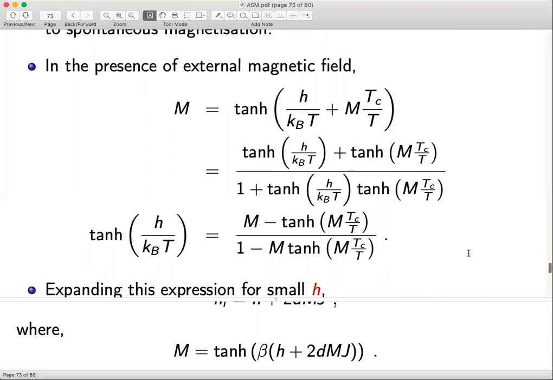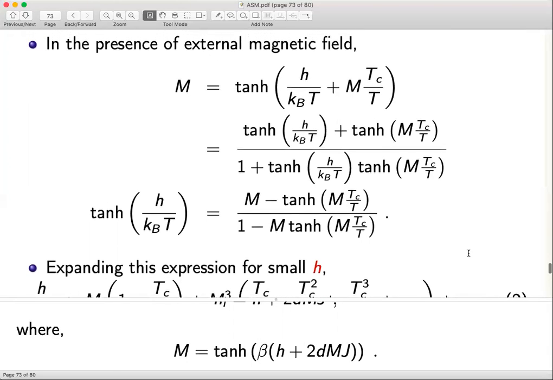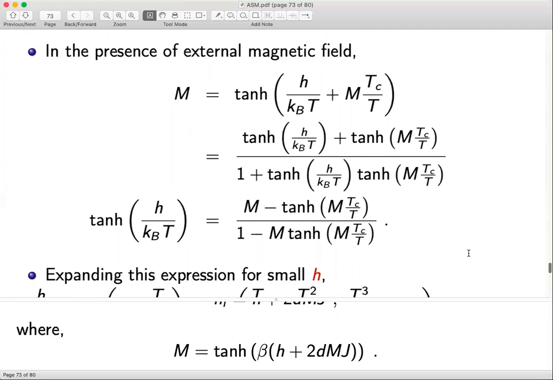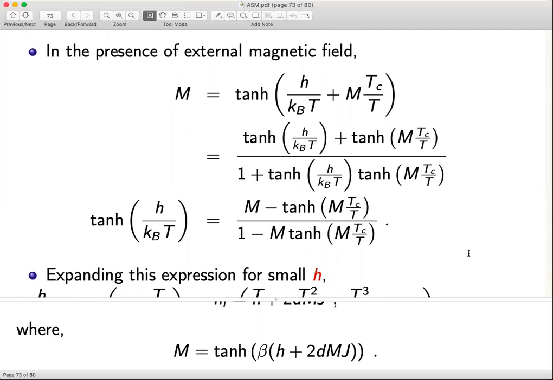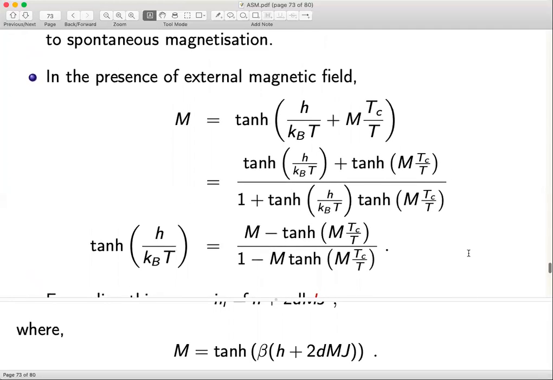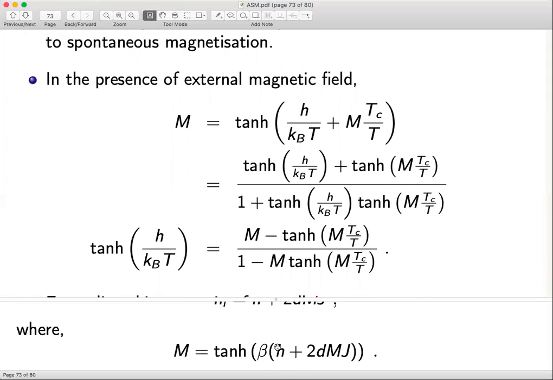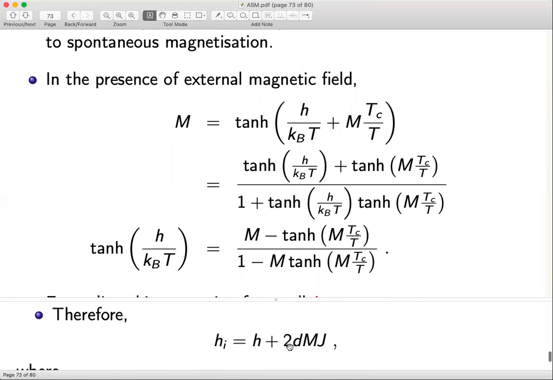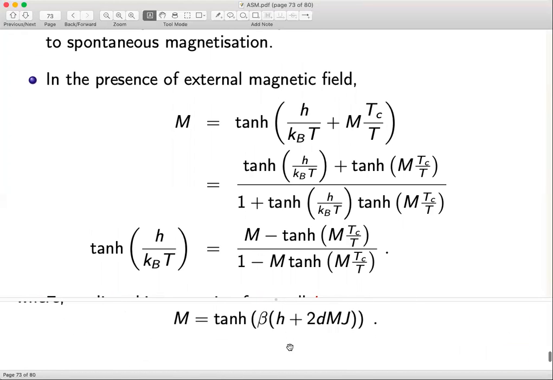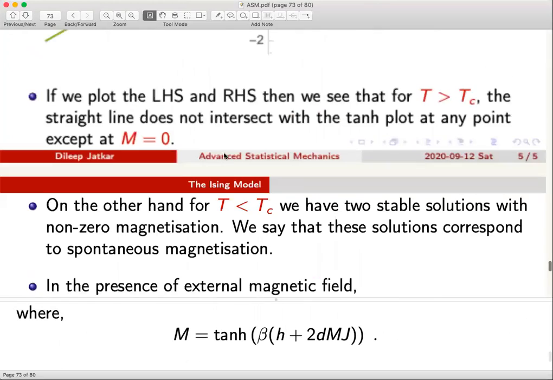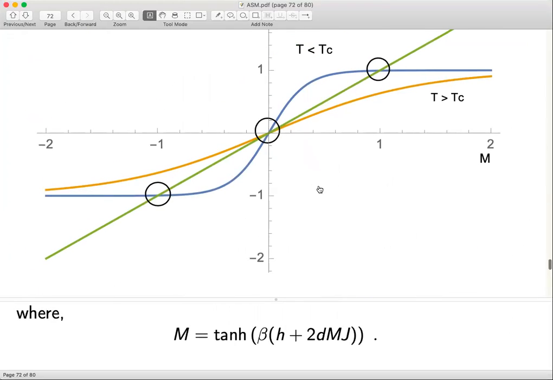Fine. So since we are interested in behavior close to Tc, and also we had studied the system when H was set to 0, which led to this kind of graph.